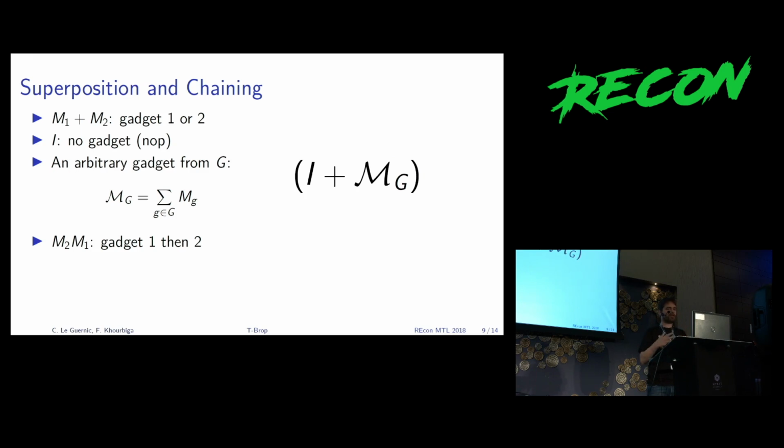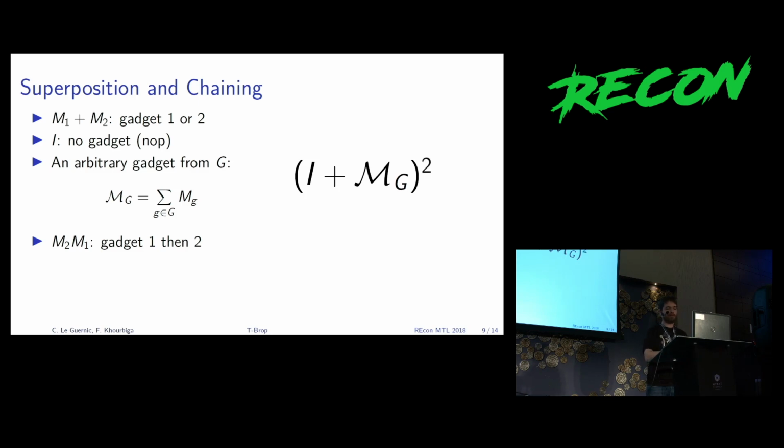So if we combine superposition and chaining, we can also do interesting stuff. As I said, the sum of the matrices of two gadgets is the effect of applying one or the other. If I take the sum of all the matrices of all my gadgets, I capture the effect of applying any one gadget. If I add to this matrix the identity matrix, which basically is the matrix of a NOP gadget, or no gadget at all, I get a matrix that can represent the effect of applying 0 or 1 gadget.